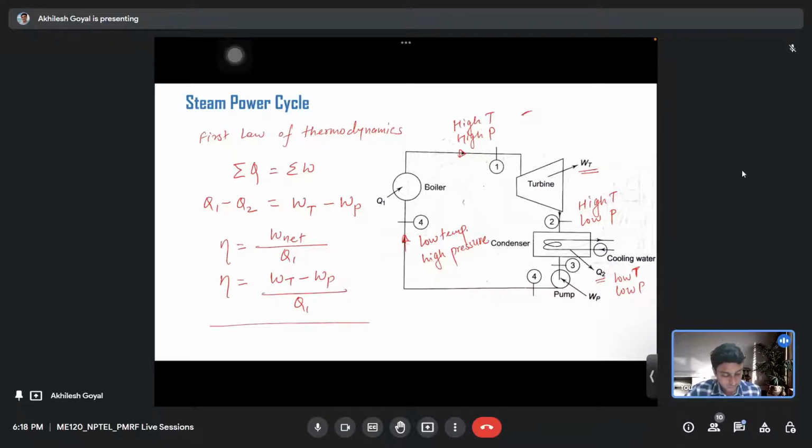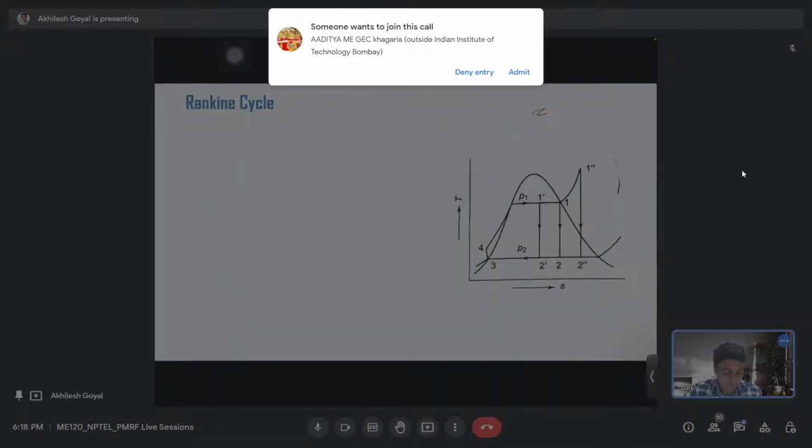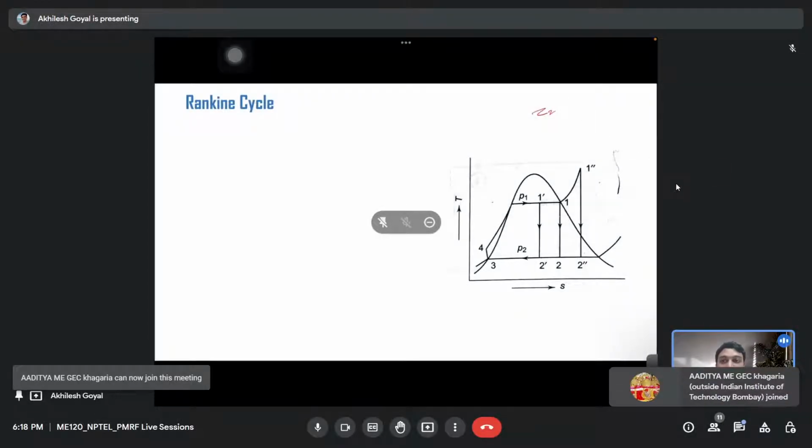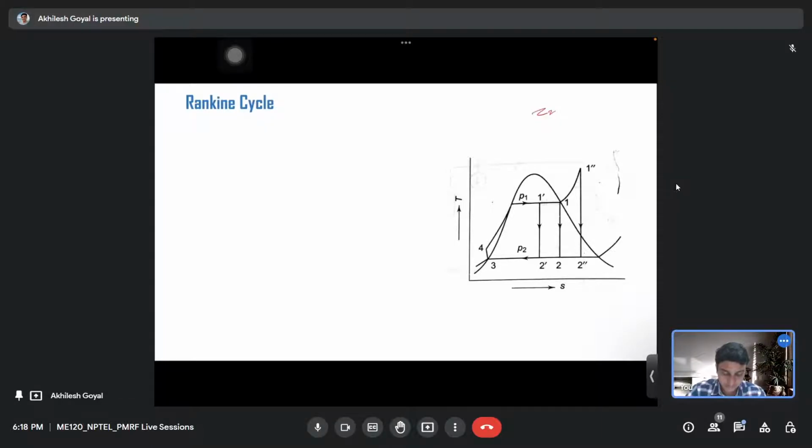Okay, so if we consider these four processes as reversible ideal processes, then it will become a reversible cycle.